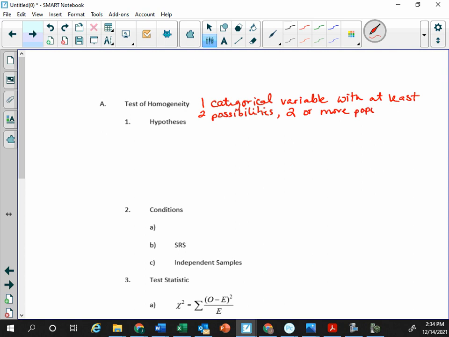I know, that's a lot, isn't it? Nope, there's no two-tailed test. So your two possibilities would be like voting and not voting. And then your two populations could be different age groups or things like that.